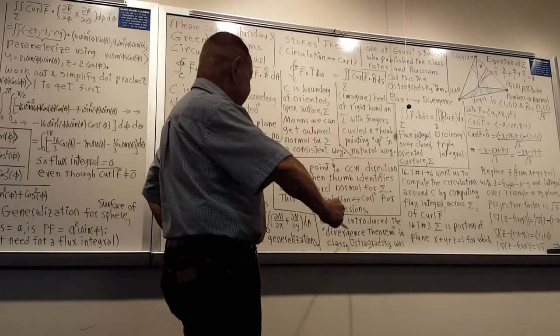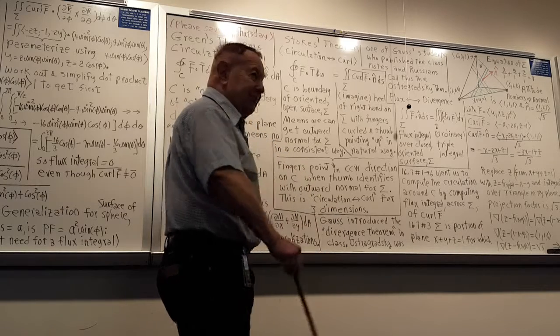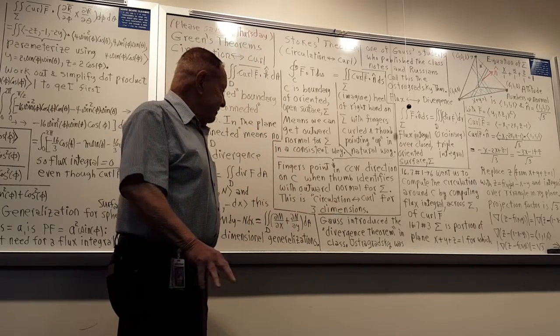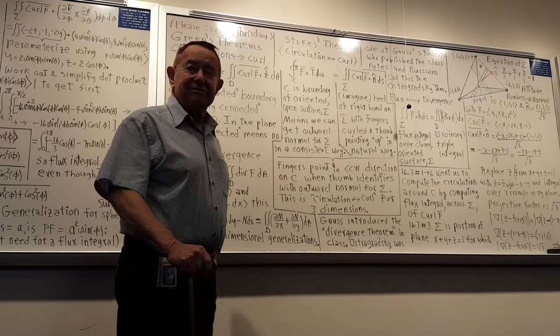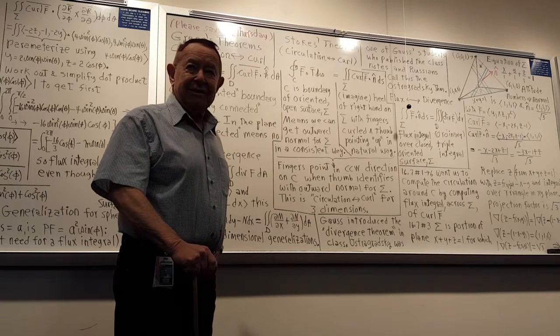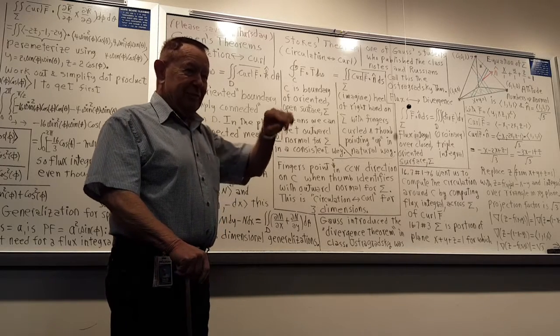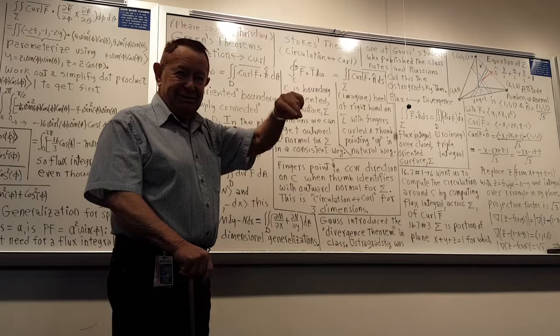So Gauss introduced the divergence theorem, according to the story, in the class that he was teaching. He taught at the university in Göttingen in Germany.